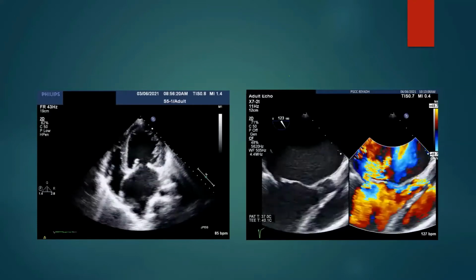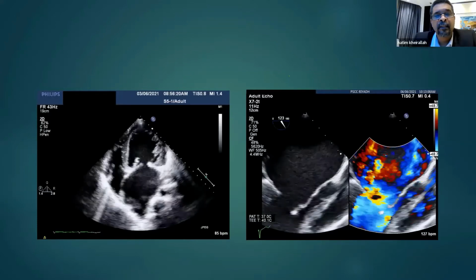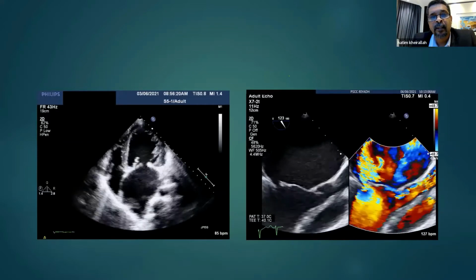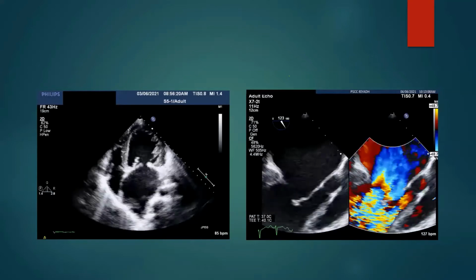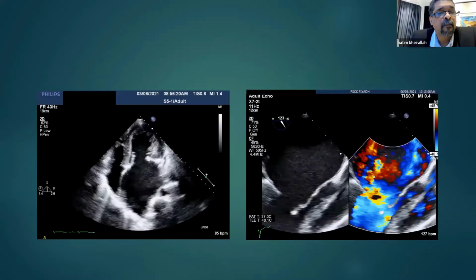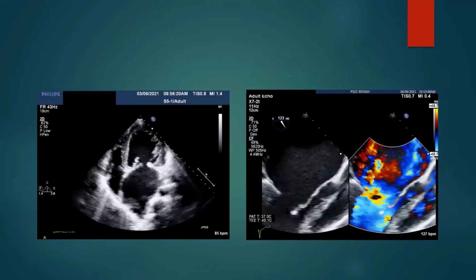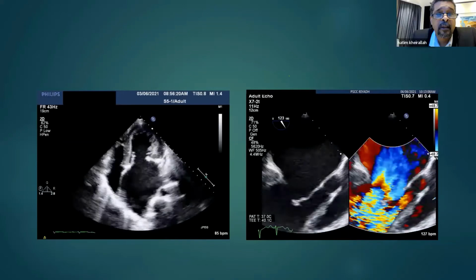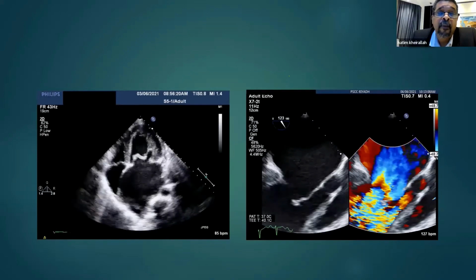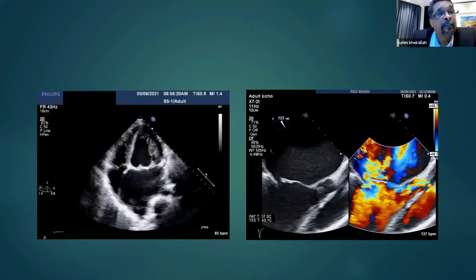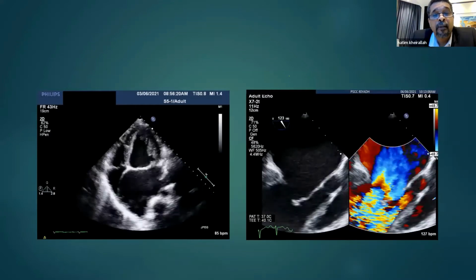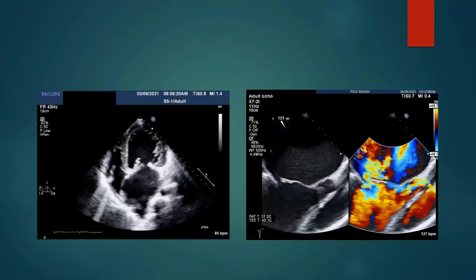Very good. And perforation as well, right? You can get chordal rupture, like you said, like this case. Yes, exactly. You can get perforation, and paravalvular leak in the bioprosthesis. You can get an abscess, periannular extension of the infection, and all of that.